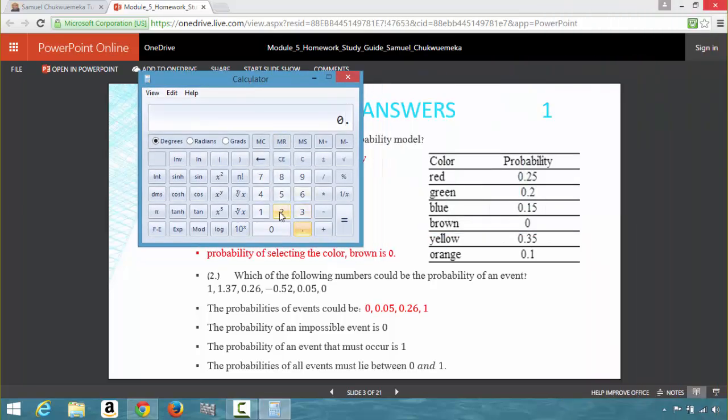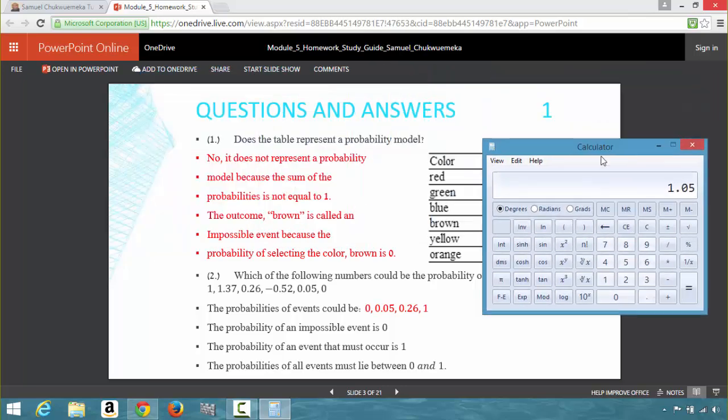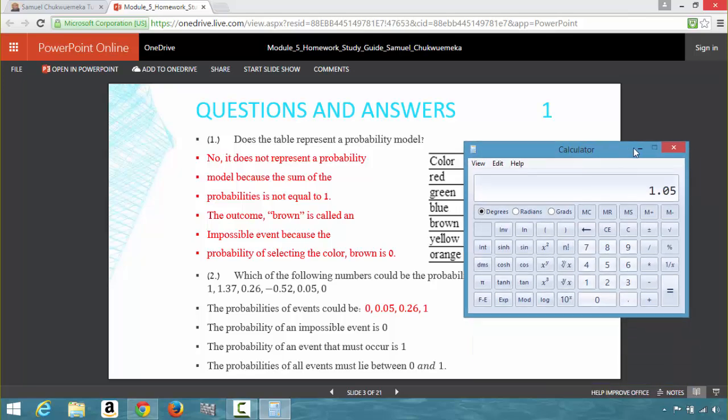If you add this up, 0.25 plus 0.2 plus 0.15 plus 0 plus 0.35 plus 0.1, this will be 1.05. It is not going to be possible.